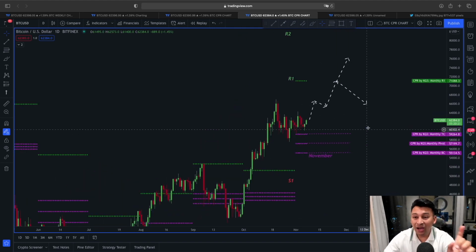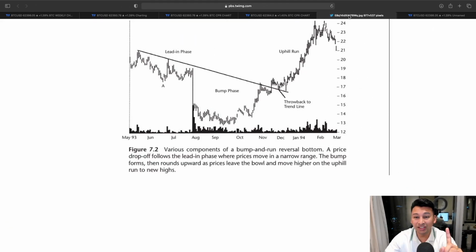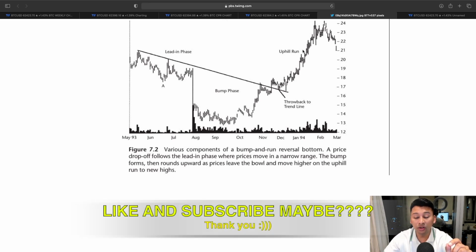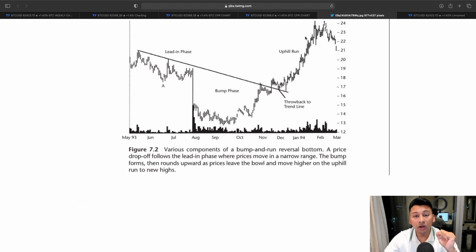And now let me also show you this one scenario which is known as bump and run reversal pattern, that is indicating since the price of Bitcoin has already broken out of this resistance line, right, and also got thrown back just like as shown here in example, now we could be actually forming this uphill run. And if you also look at this uphill run, you can clearly see we do have plenty of shakeout on our way, but price still continues here to the upper direction.